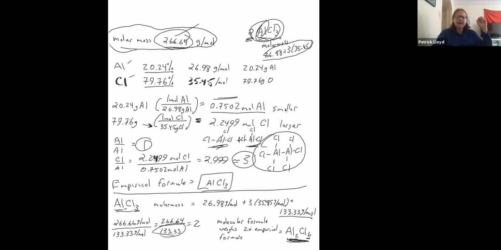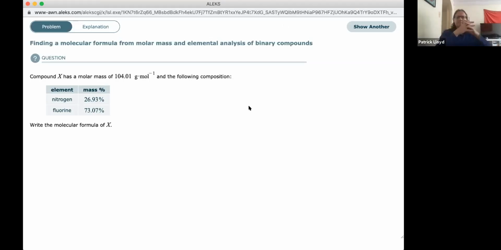So here's one with nitrogen and fluorine. Let's do this one. Okay. So this one, they have a compound. Again, the goal of this one is to find the molecular formula.